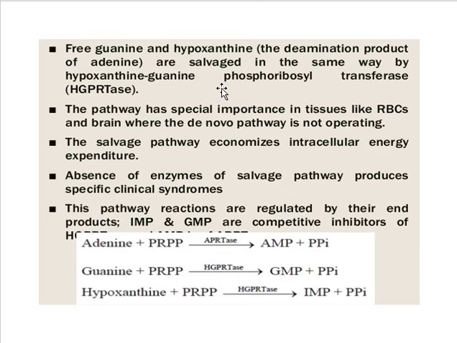In this reaction, the phosphoribosyl group is provided by the PRPP, phosphoribosyl pyrophosphate. This phosphoribosylation process is especially important for some tissues like RBCs and brain, because the de novo synthesis does not take place in these tissues.